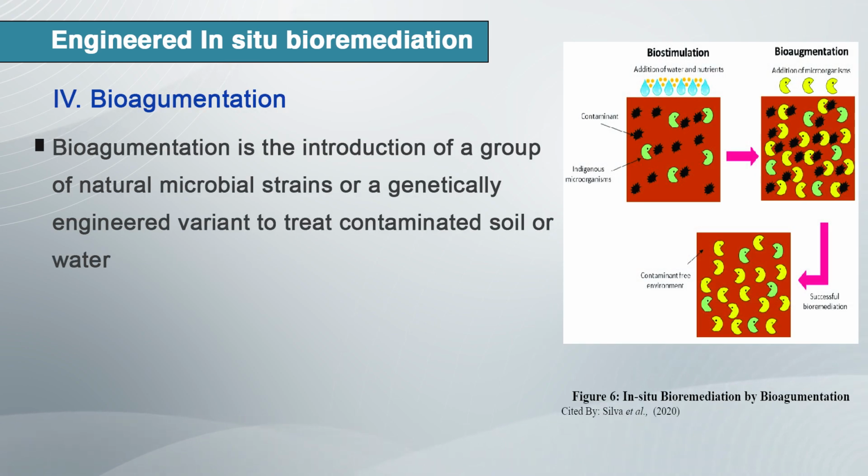Fourth one is bioaugmentation. Bioaugmentation is the introduction of a group of natural microbial strains or genetically modified engineered variants to treat contaminated soil or water. Figure number 6 is showing in situ bioremediation by the bioaugmentation technique.